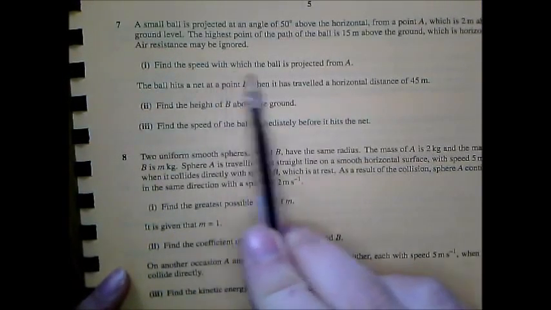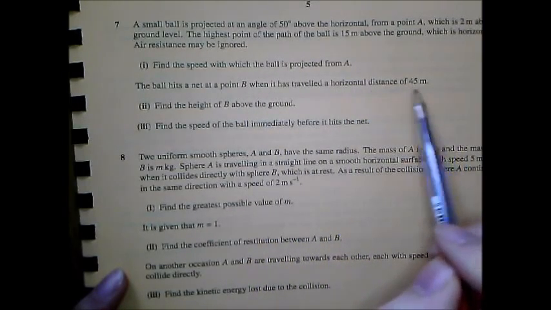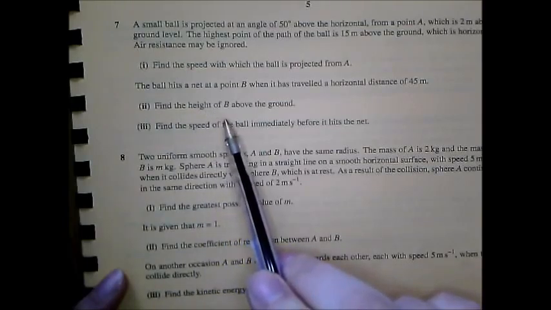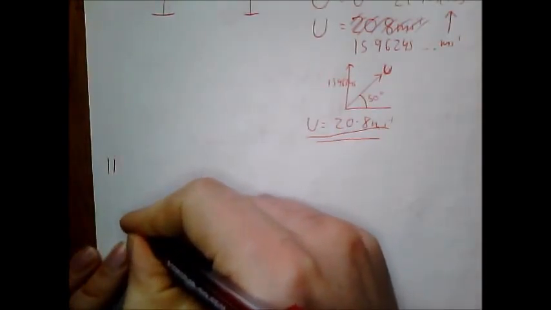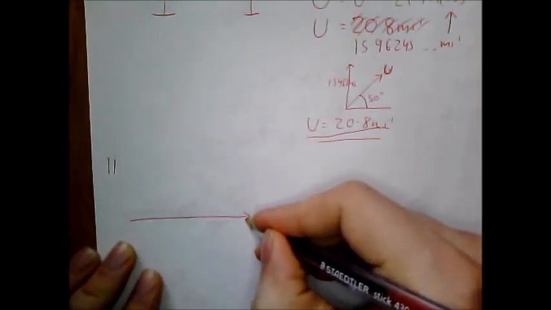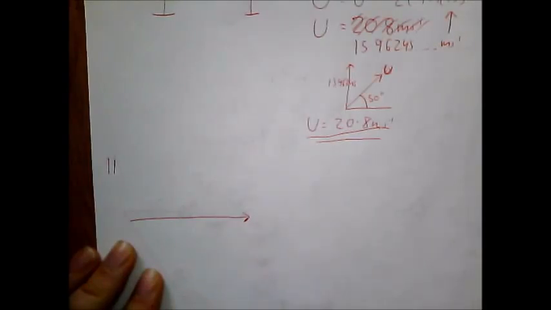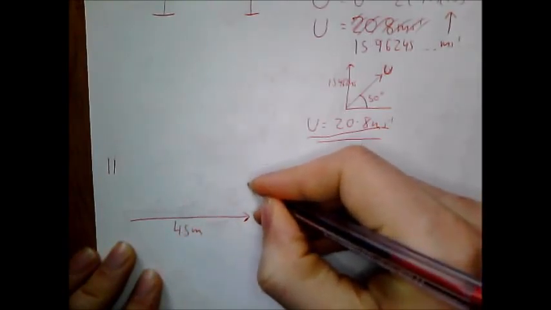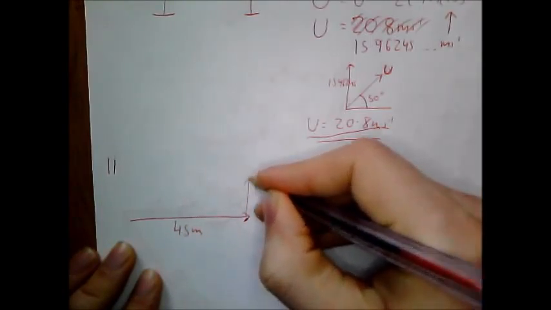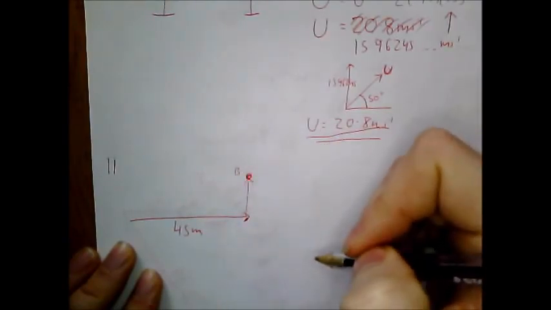Our ball hits a net at point B when it has travelled a horizontal distance of 45 metres, and we want to find the height of B above the ground. So, once it travels a distance of 45 metres, we want this point above the ground.